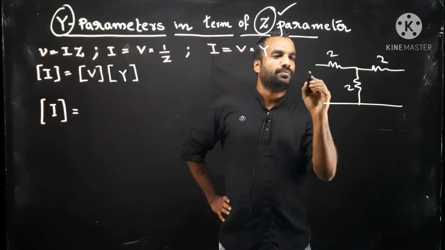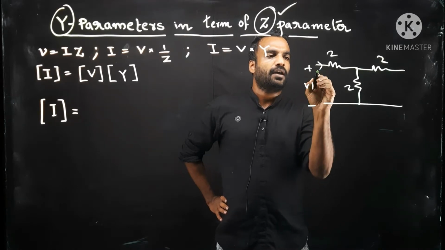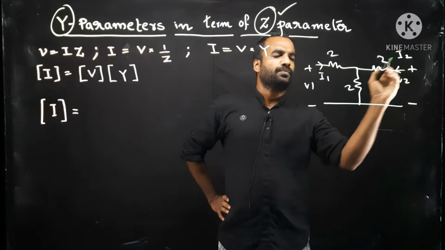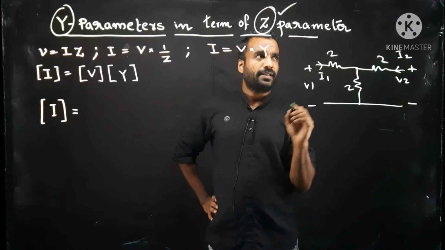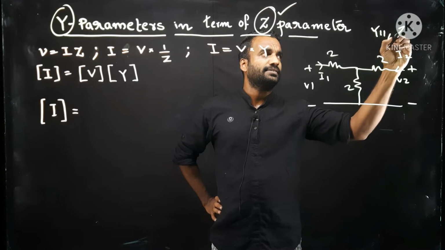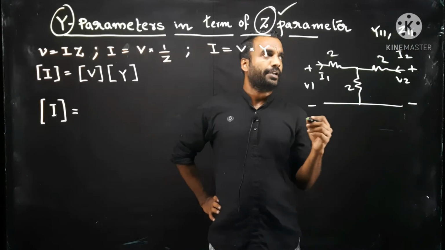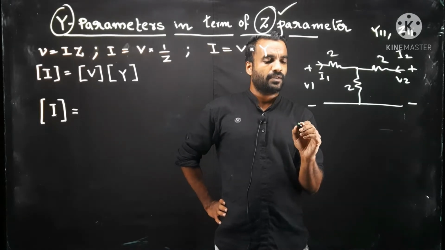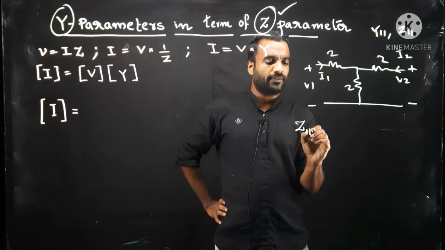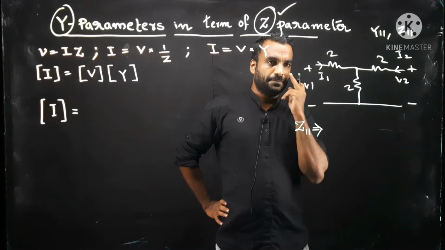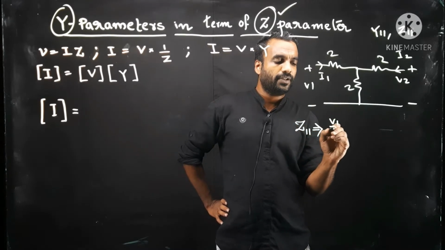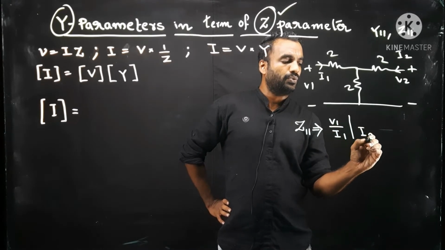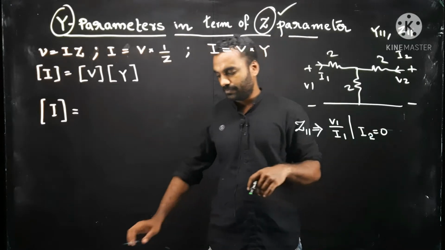Two ohm, 2, 2, with V1, I1 and V2, I2. Let me find y11 and z11. So, how can we find z11? Z11 will be V1 by I1 at I2 equal to 0.